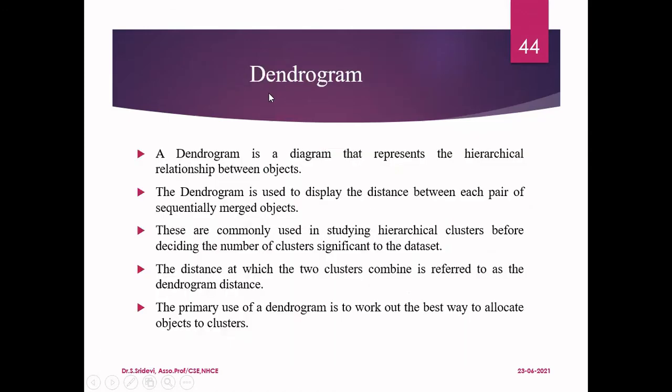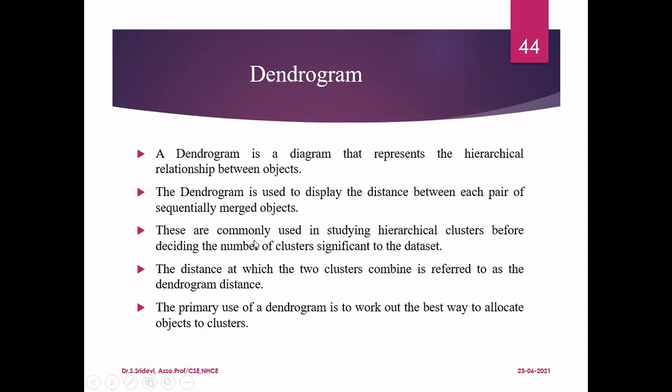Now let us see what a dendrogram is. A dendrogram is a diagram that represents the hierarchical relationship between objects. It is mainly used to display, very importantly, the distance between each pair of sequentially merged objects. That is, you merge the clusters sequentially one by one, and when you are merging them, it tells you the distance between the pair of clusters you are merging.